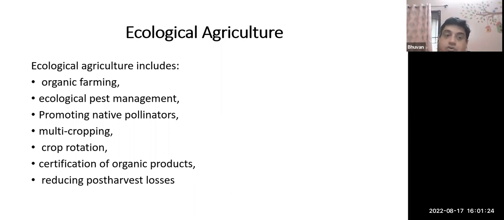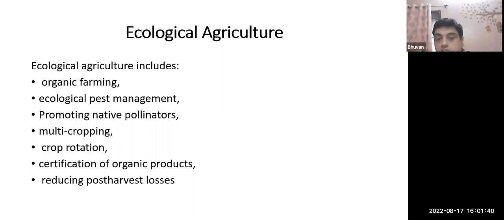Then we have to talk about multi-cropping. Multi-cropping must be employed in ecological agriculture. Polyculture must be done. As we know, in monoculture there is more susceptibility of the crop plants towards insect pests.